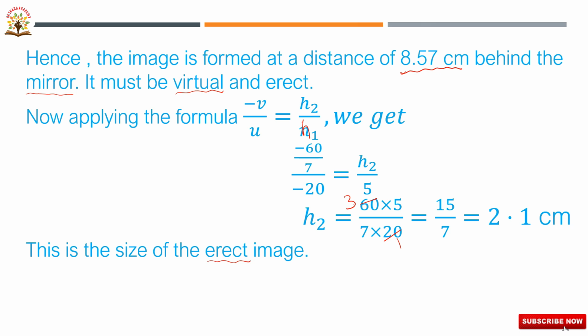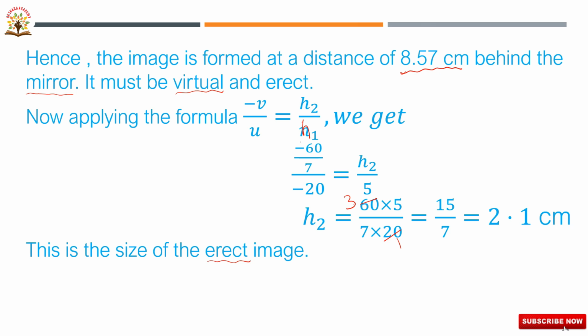Okay. Now here we are applying the formula, minus v by u is equal to h2 by h1, magnification. We are finding h2. H1 is given as 5. So v is minus 60 by 7 and u is minus 20.